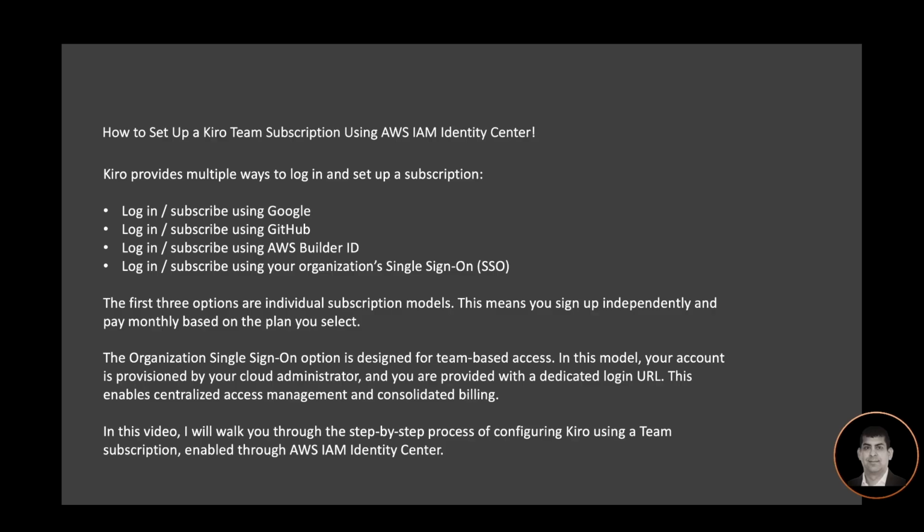This enables centralized access management and consolidated billing. In this video, I will walk you through the step-by-step process of configuring Kiro using a team subscription enabled through AWS IAM Identity Center.